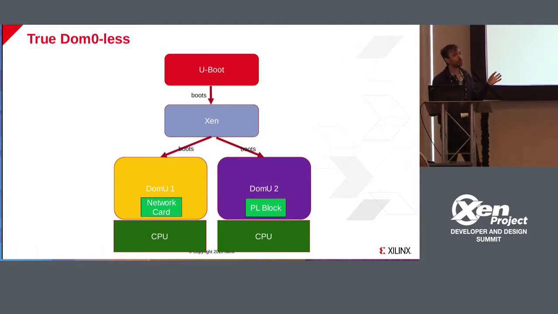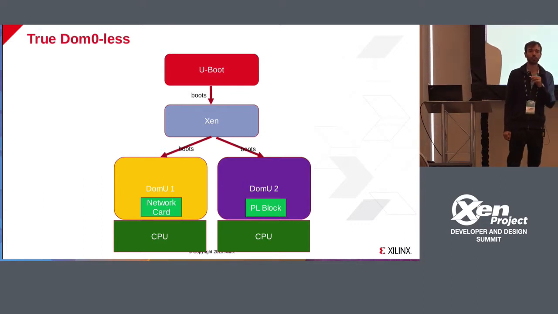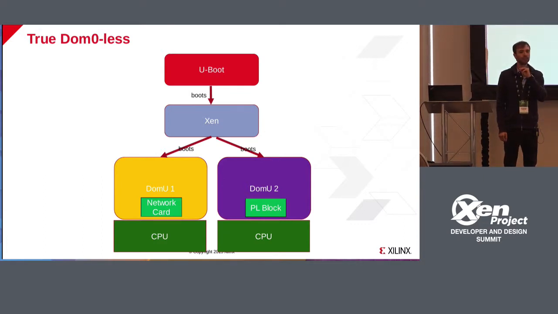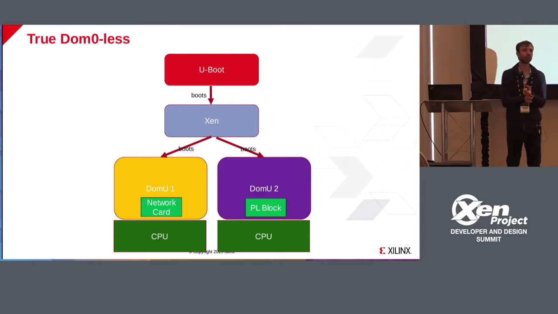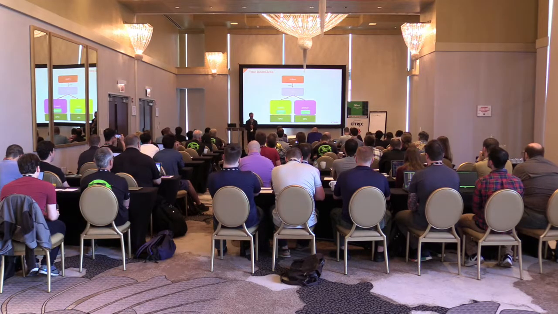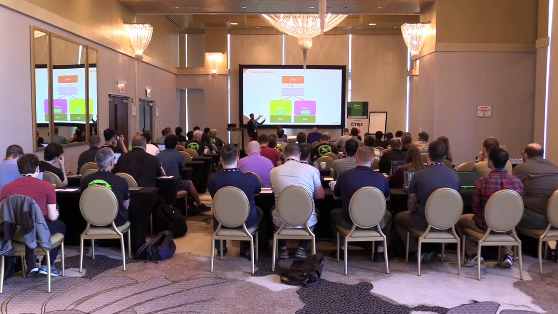So why is this configuration useful? Because in embedded, this is actually the most common use case of them all. The classic use case in embedded is you have two things you want to run. One is a supercritical, real-time sensitive application that you could be running in yellow, for instance.